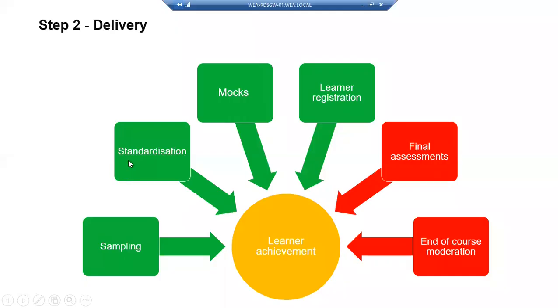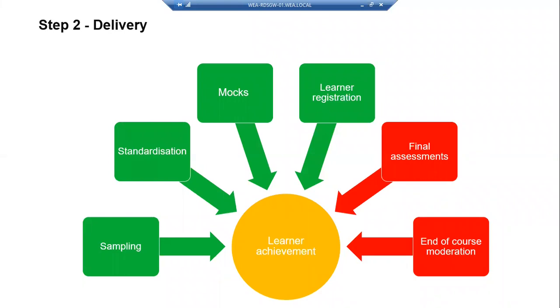Thank you. So, moving on with the paperwork and documentation side of things in terms of how that's supporting the learner journey. I just wanted to look at these 4 areas in green.